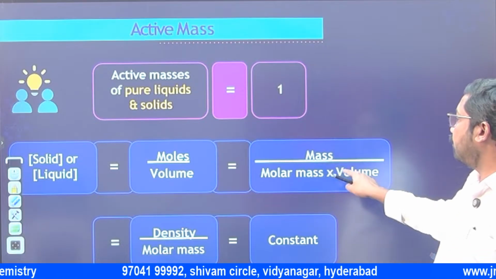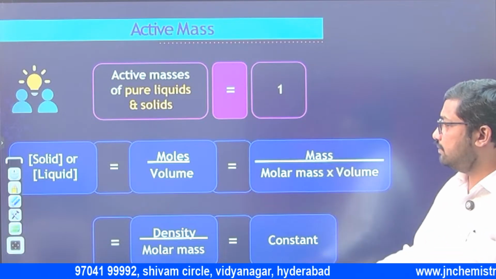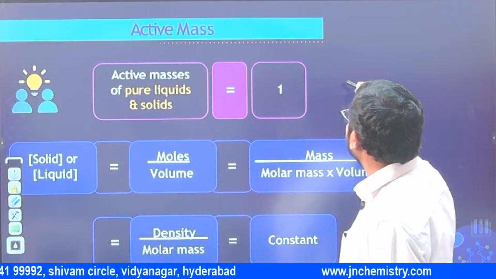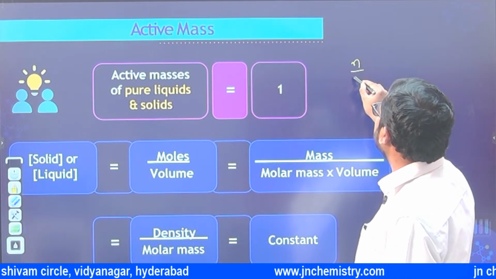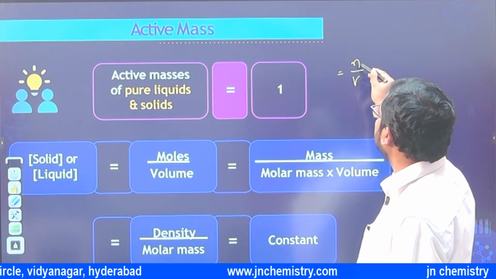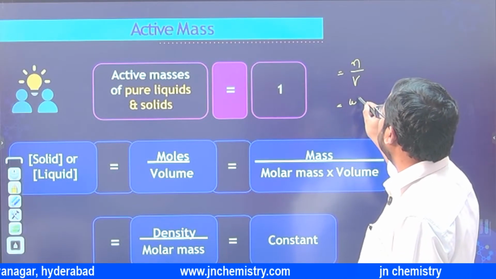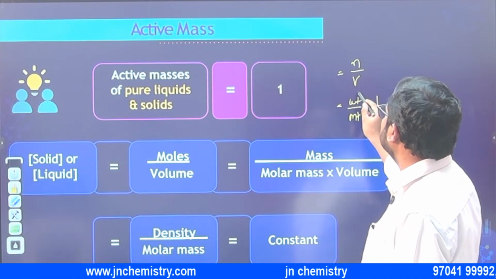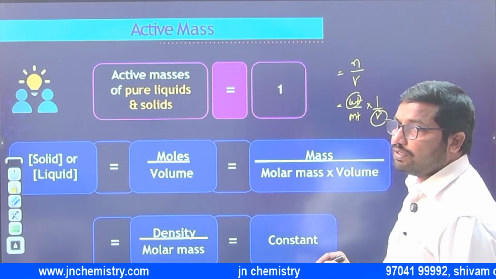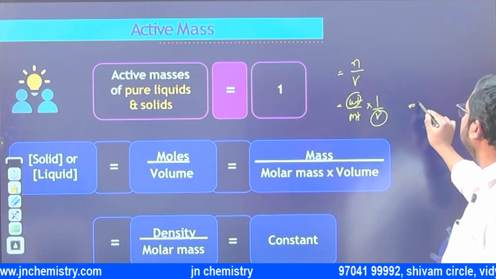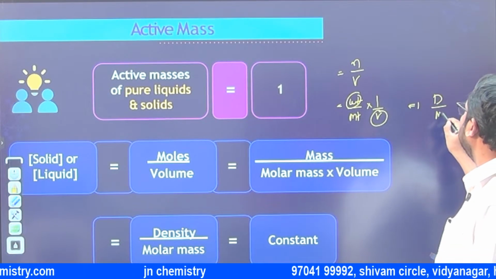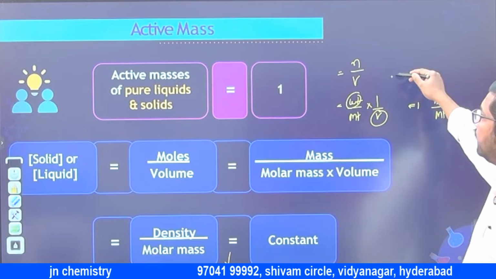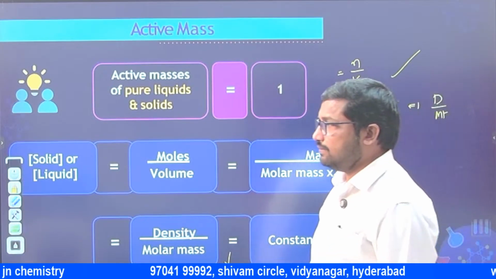Generally, how do we write molarity? n by V. n is nothing but weight by molecular weight into 1 by V. So weight by volume is nothing but density by molecular weight. The same thing, which is constant. If you want, you can write this also or this. Anything is fine.